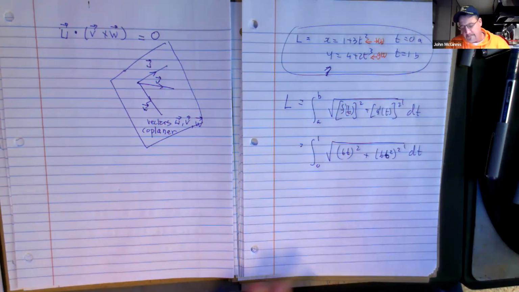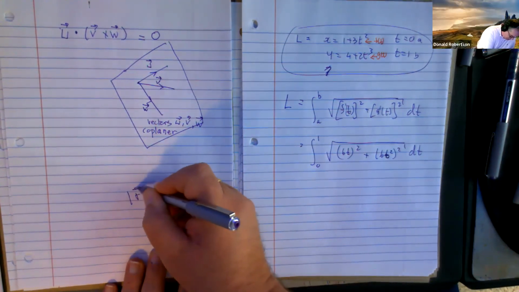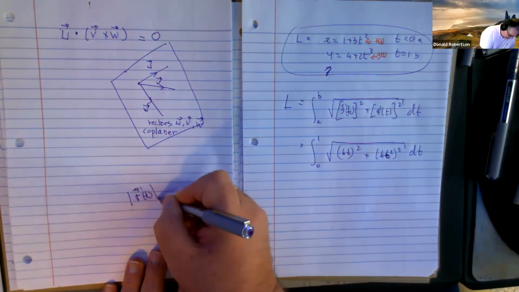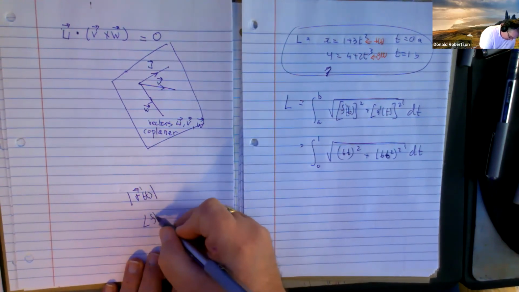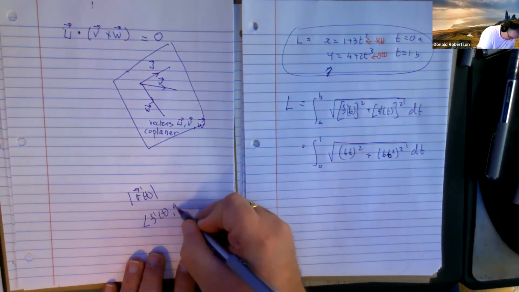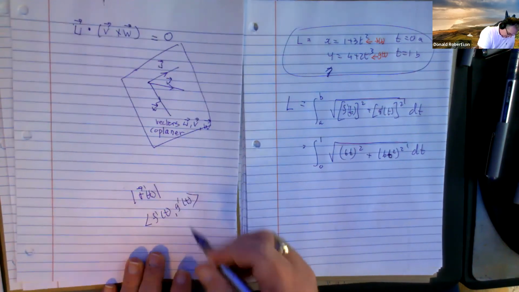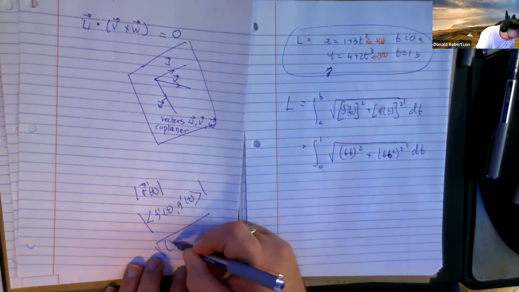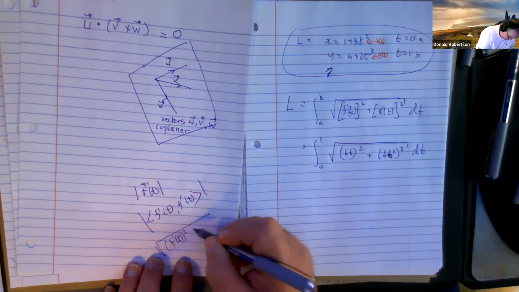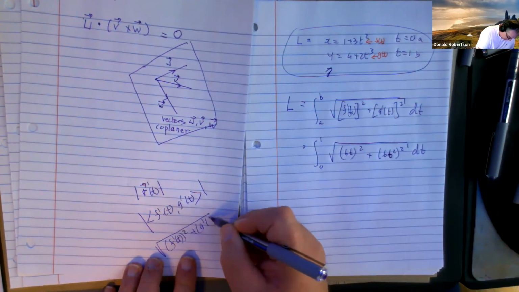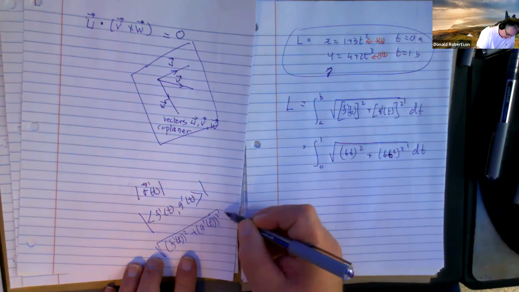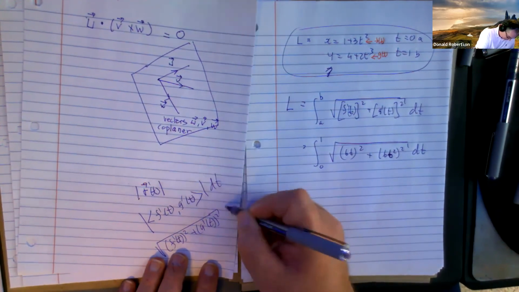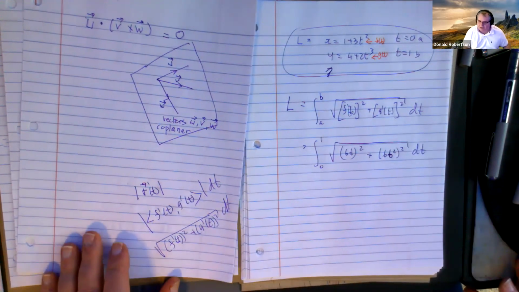When you find the magnitude of r dash t, it's the square root of this guy squared plus this guy squared. And the dt part is still there. So you see it's the same guy.